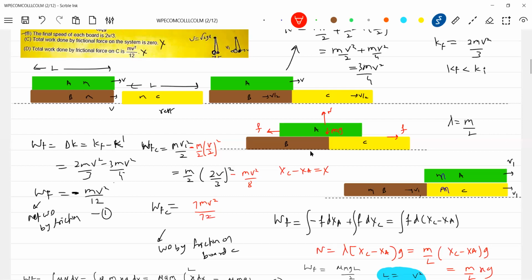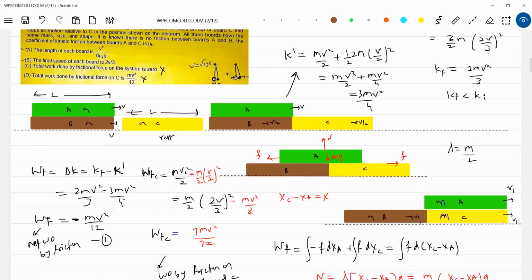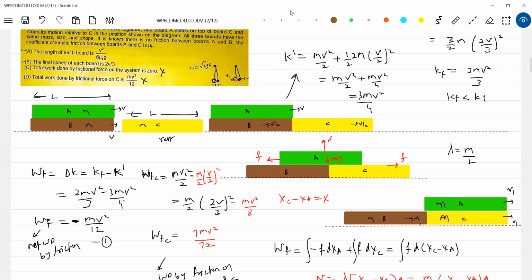Sir, how did you get K dash, sir? K dash is the kinetic energy. K dash is mv square plus mv by 2 whole square plus mv by 2 whole square. That's why the 2 is brought here.